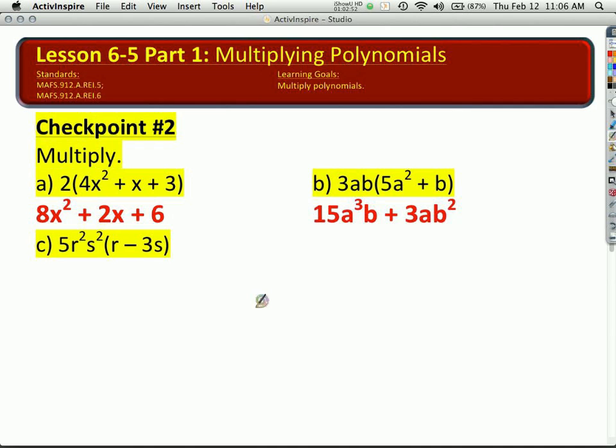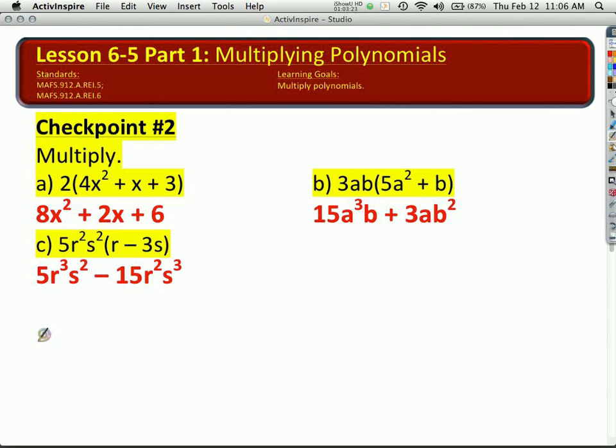Negative 15 times... Okay, and where's student number 15? 5 times r to the third times s to the second minus 15 times s to the third times r to the second. Okay, so we have some disagreement. And so we get 5r to the third s squared minus 15r squared s to the third.